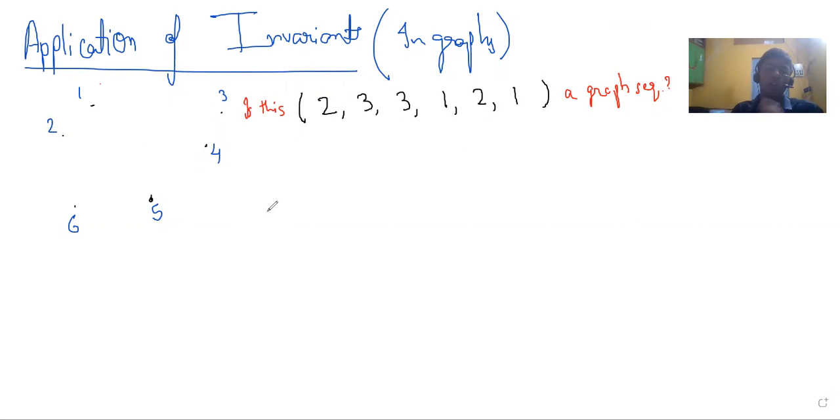Let me, if I told you, 1, 2, and you can see how the sequence is related. The fourth vertex has degree 1.